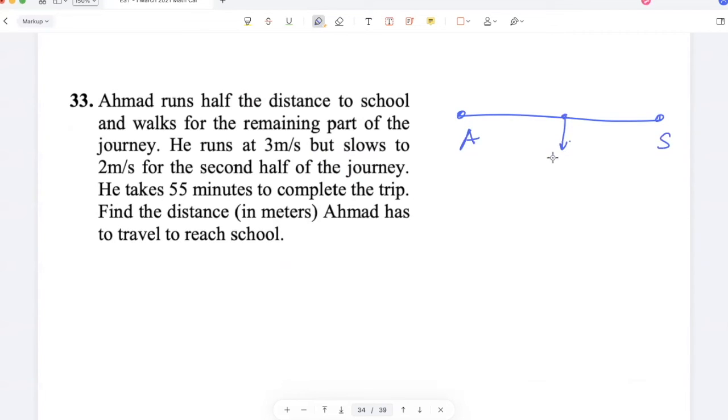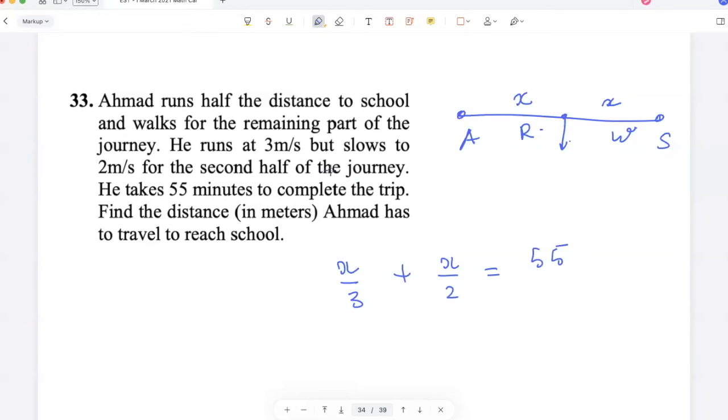So this is the halfway point. So for x, he runs, and for another x, he walks. So what is the time that he takes for running? Let's say x is in meters. So that would be x by 3. And the time for walking is x by 2. And that total time is 55 minutes.